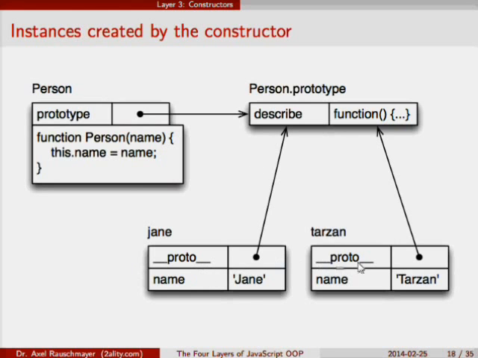This is what instances look like now. And you see that you could have 1,000 instances down here. You could have 1,000 persons down here. And they would all share the same single prototype and the same single version of describe.